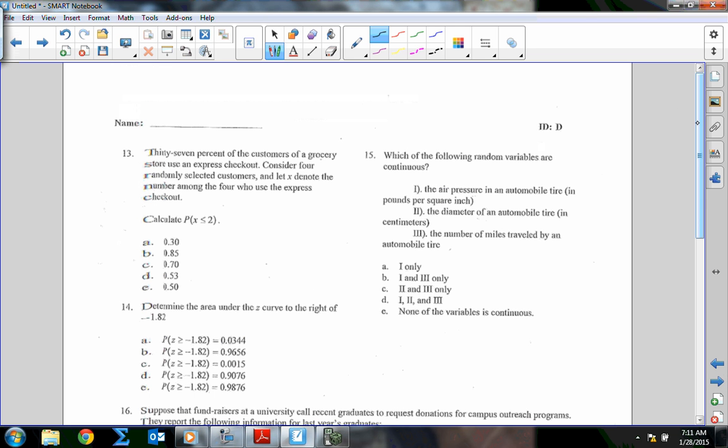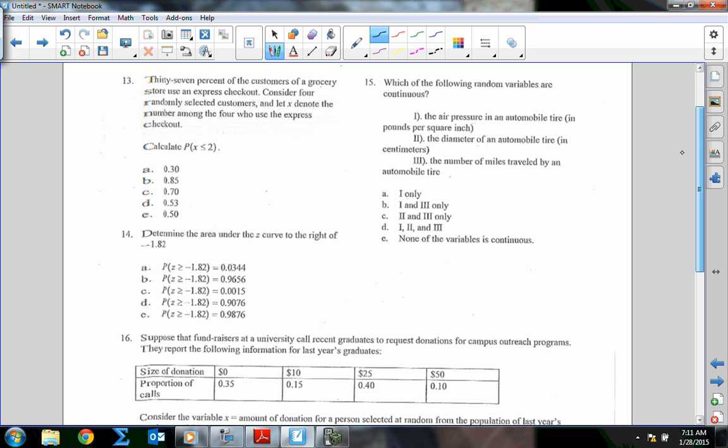Number 13 tells us that 37% of the customers at a grocery store use an express checkout. Consider 4 randomly selected customers and let X denote the number among the 4 who use the express checkout. So we have a binomial situation here. Either the person uses express or the person doesn't use express.